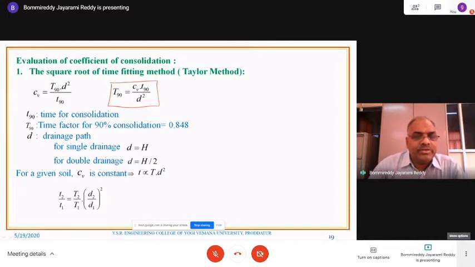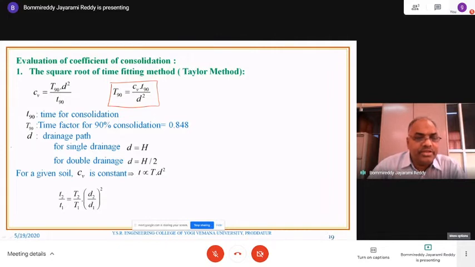The remaining 10% of consolidation will take a lot of time, sometimes several thousands of years. So t90 is the time required for 90% consolidation. Capital T90 means capital T refers to the time factor, the time factor for 90% consolidation.